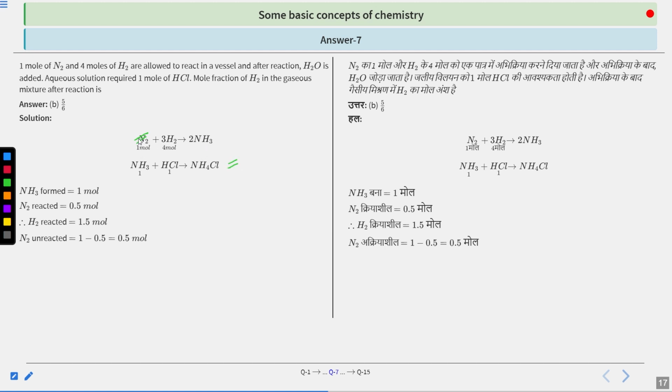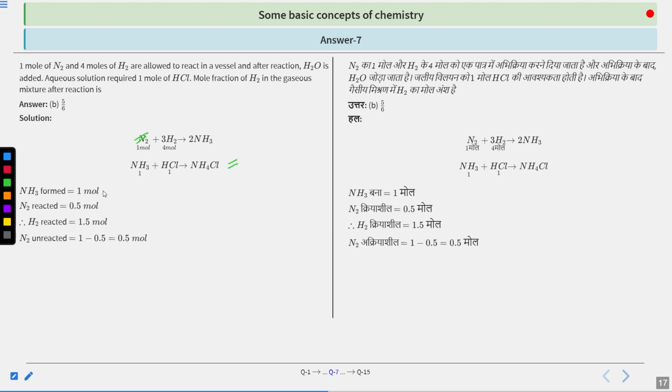Since 1 mole of nitrogen gives 2 moles of NH3, 0.5 mole of N2 will give 1 mole of NH3. Clear? The question is only saying that the ammonia produced requires only 1 mole of HCl, but according to the full yield, 2 moles of HCl would have been used. So the balancing says we are only using 0.5 mole of N2 to give 1 mole of NH3.